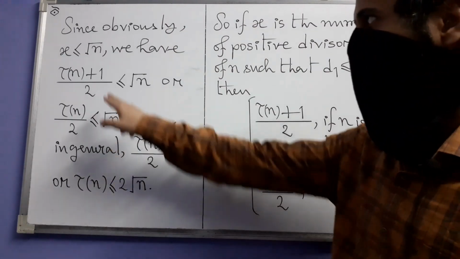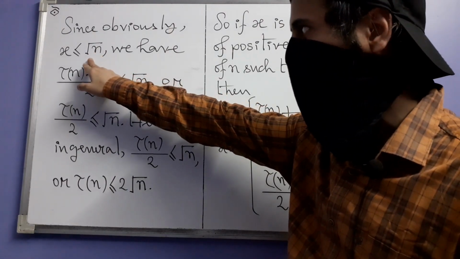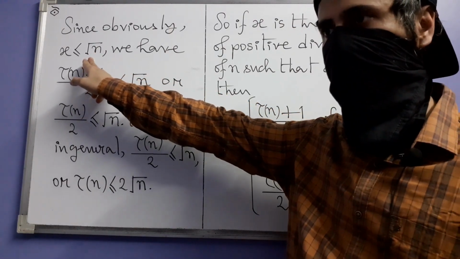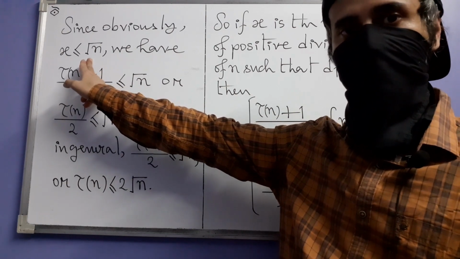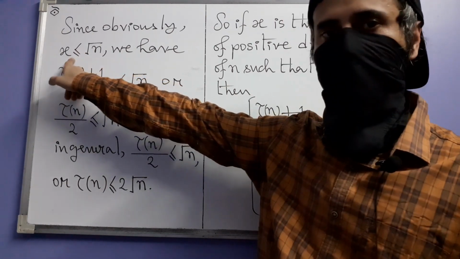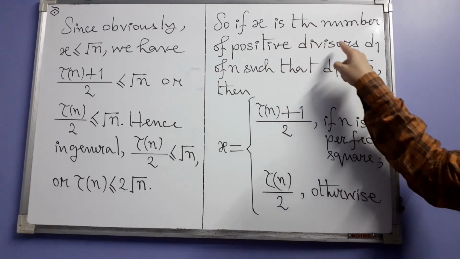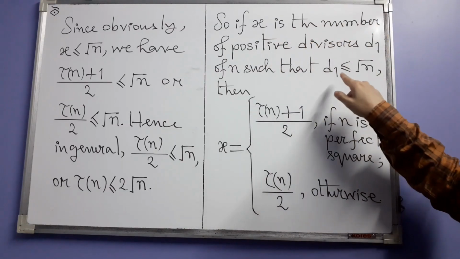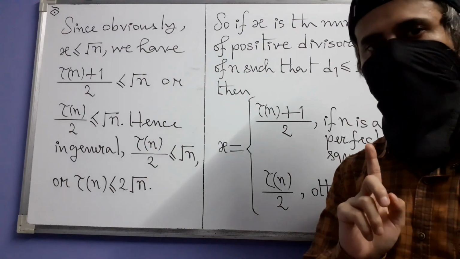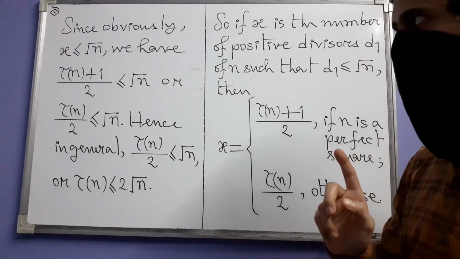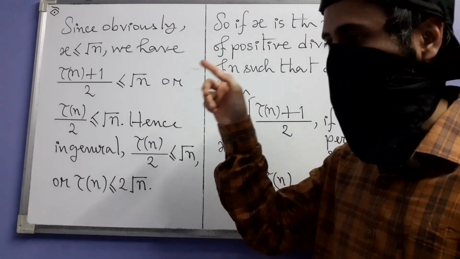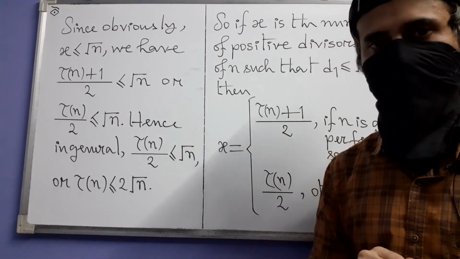Next, let us observe this somewhat peculiar but very easy to understand condition on x. What is x? x is the number of positive divisors of n which are all less than or equal to root n. So does that not imply that x itself is less than or equal to root n?